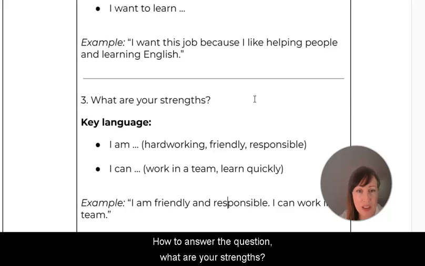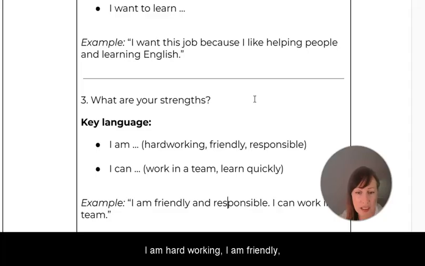How to answer the question, what are your strengths? I am hardworking. I am friendly. I am responsible. And try to give examples. I can work in a team. I can adapt, be flexible, learn quickly.